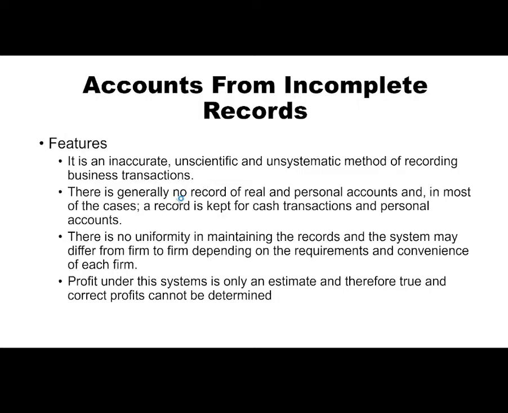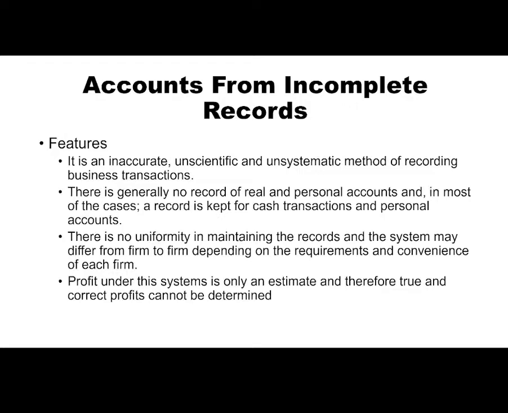It is an inaccurate, unscientific, and unsystematic method of recording business transactions. Another feature is that there is generally no record of real and personal accounts, and in most cases a record is kept only for cash transactions and personal accounts.